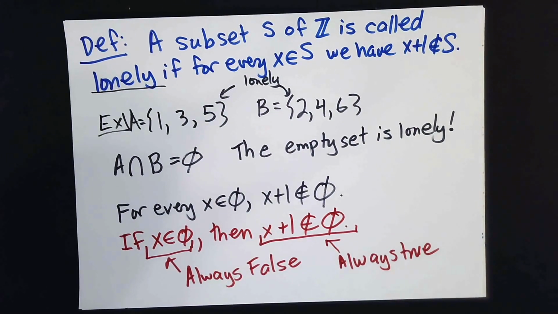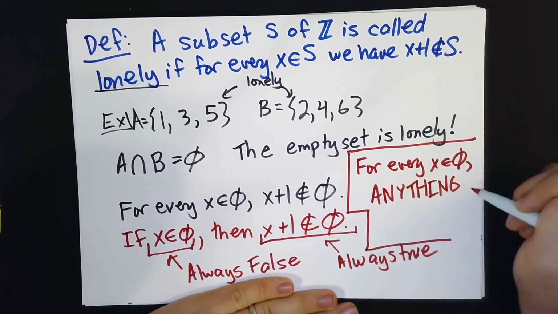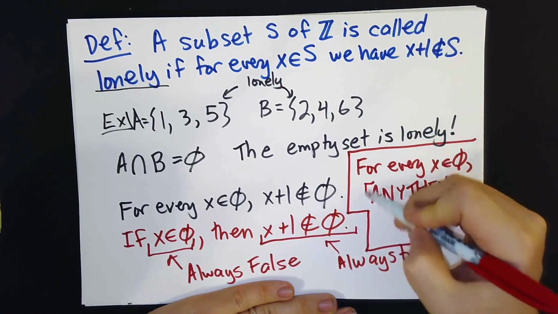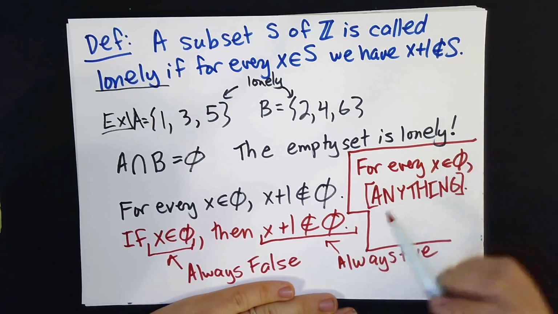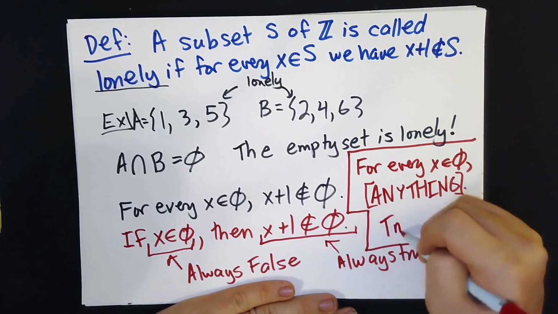Again, the only way for an if-then statement to fail is for the hypothesis to be true and the conclusion to be false simultaneously. And actually, in this instance, neither of those can happen. But let me be a little bit more general. Any statement that starts for every x in the empty set and then says anything about x at all is always going to be true.